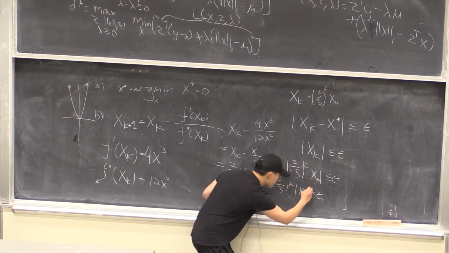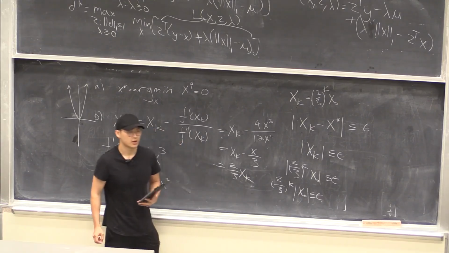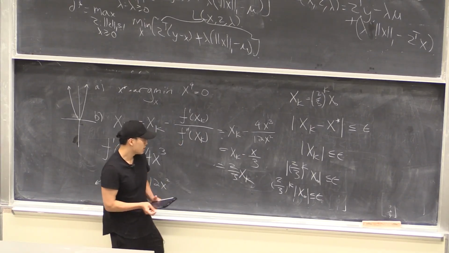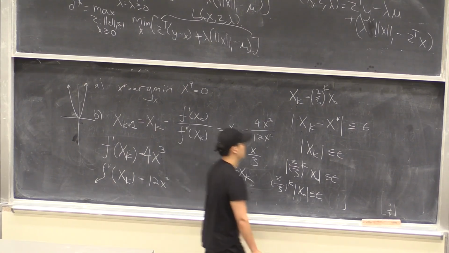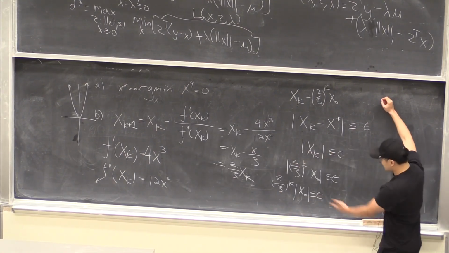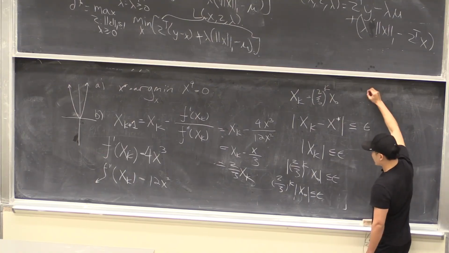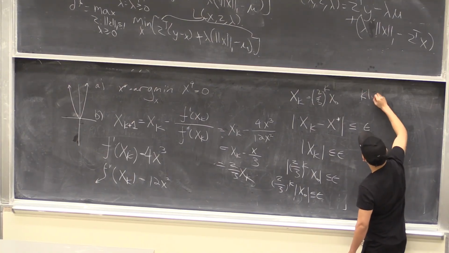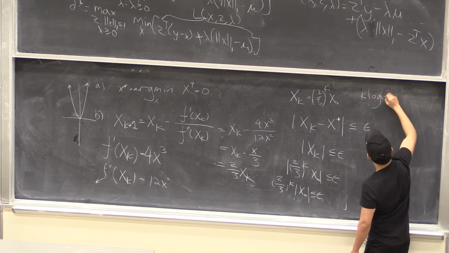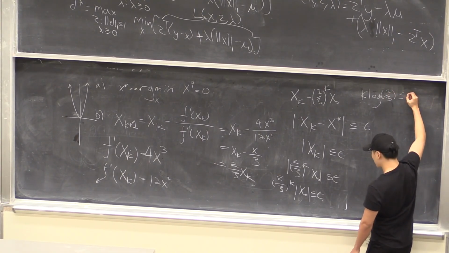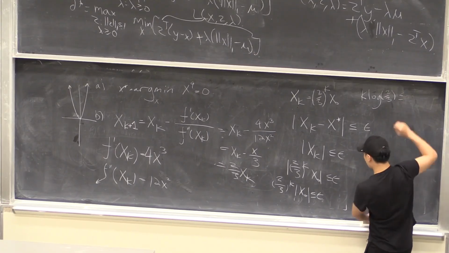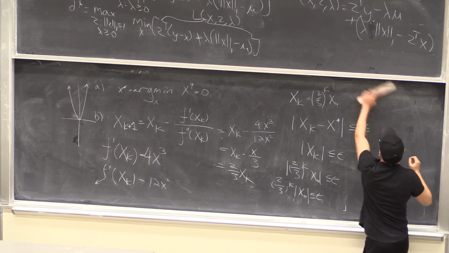Okay. And now we need to take the log on both sides. So we take the log on both sides. We get k.